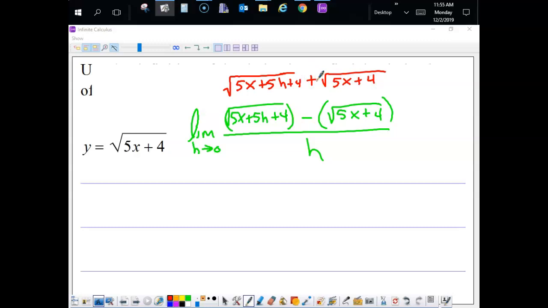And whatever we do to the bottom, we have to do to the top. Or whatever we do to the top, we have to do to the bottom also. So plus. Okay. So let's see what that gives me. Now when you do this on the top, basically you end up with the same expression that you had before, but just no square roots on it. Because this times this just eliminates the square root.